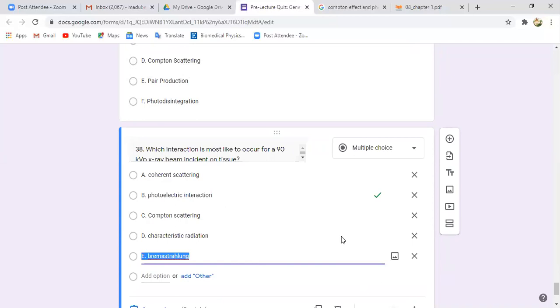It's actually Compton scattering. For higher energy, photoelectric dominates from 50 keV down, but when the energy moves beyond that, the major contribution is from Compton. So the answer is Compton scattering, not photoelectric interaction.